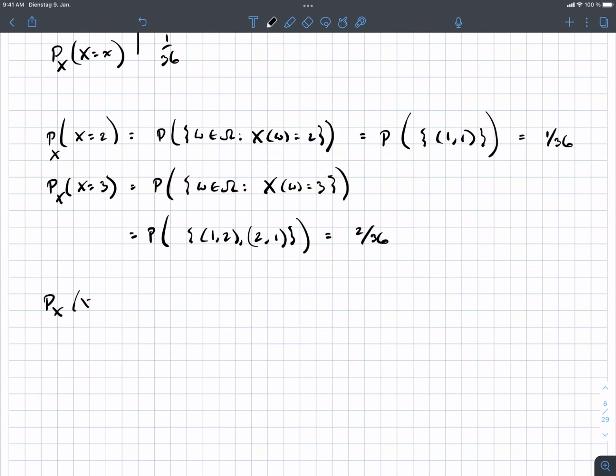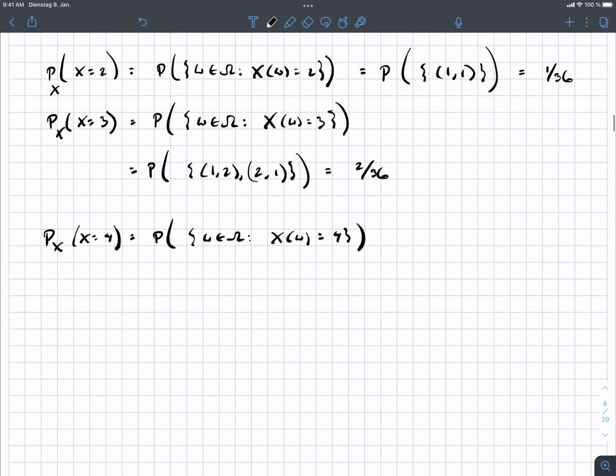And so on. If you go on to the next one, we're going to see a pattern here. This is going to be the outcomes such that x is equal to 4. And so I have to roll a 1 and a 3, or a 2 and a 2, or a 3 and a 1. So I get 3 out of 36.